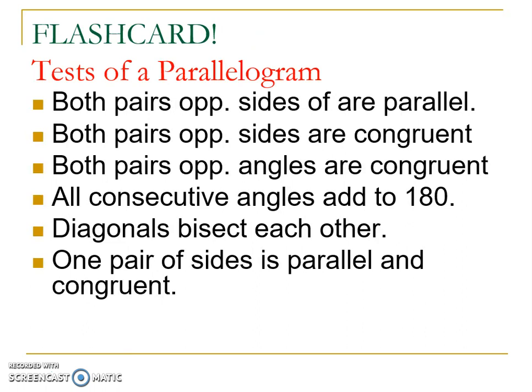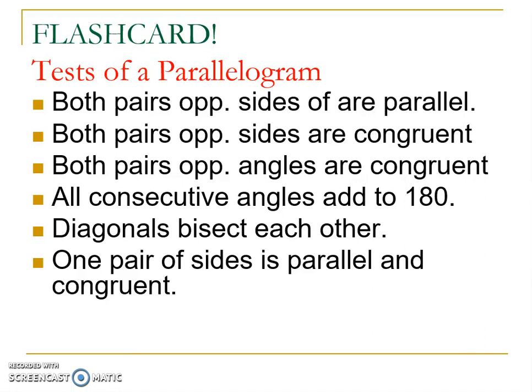So let's look at the tests for a parallelogram. Both pairs of opposite sides are parallel. Both pairs of opposite sides are congruent. Both pairs of opposite angles are congruent. All consecutive angles add to 180. Diagonals bisect each other.